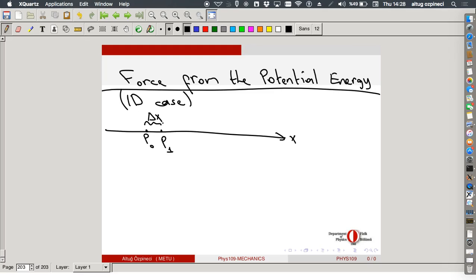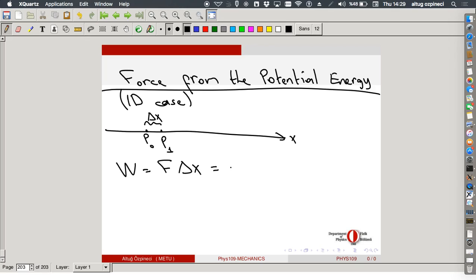Now, between the point P0 and P1, I will assume that they are very close to each other. Well, if they are very close to each other, in that case, the force doesn't change. Force is constant. Now, the work done, if we move an object from the point P0 to P1, is nothing but the force times delta x, because the force is more or less constant in this very small segment.